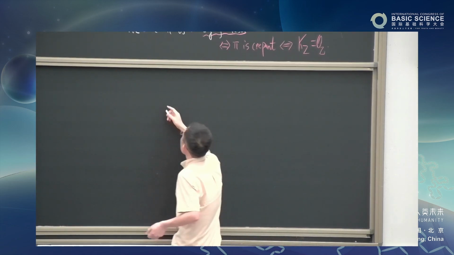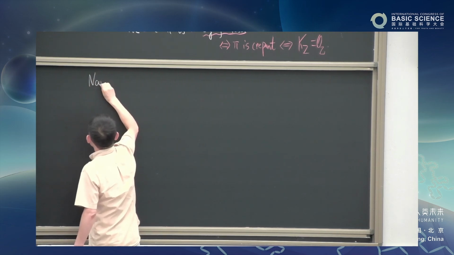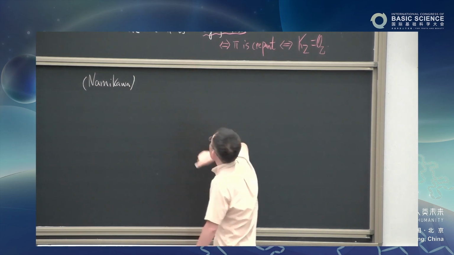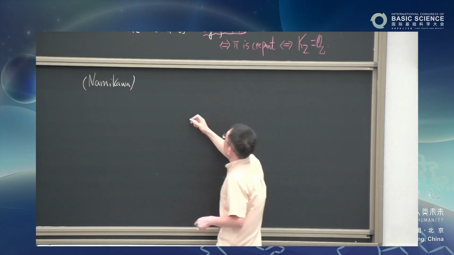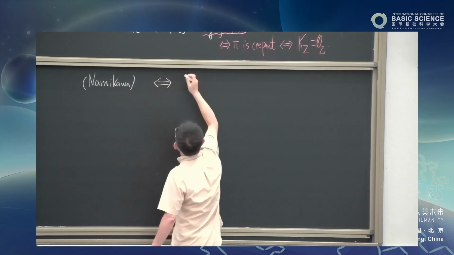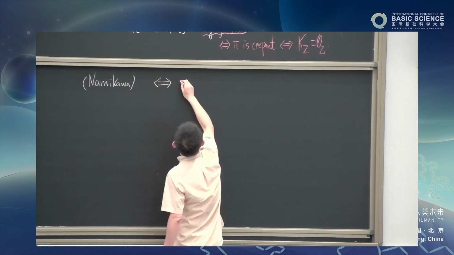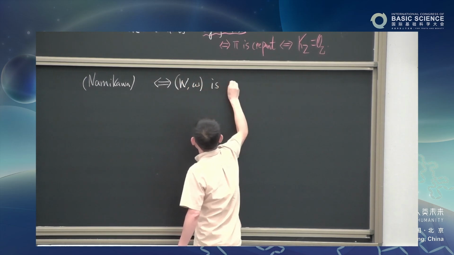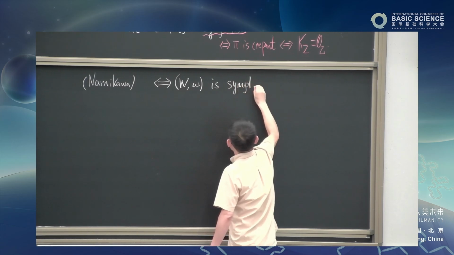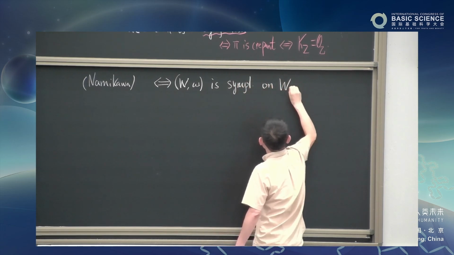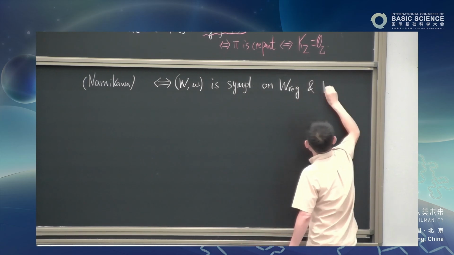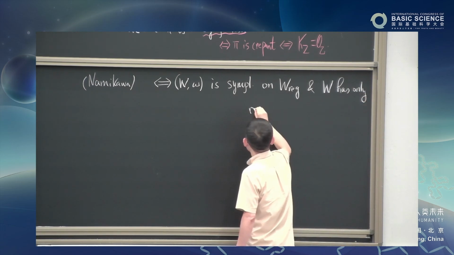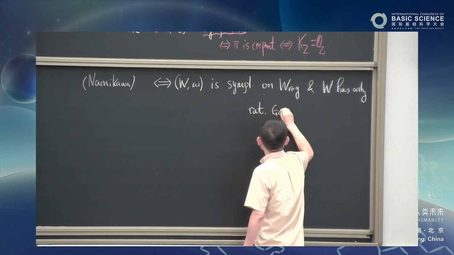So there is a theorem of Namikawa, which says that for the second condition, it's in fact easy to check: it is just equivalent to saying W has a symplectic form omega on the regular part, and W has only rational Gorenstein singularity.